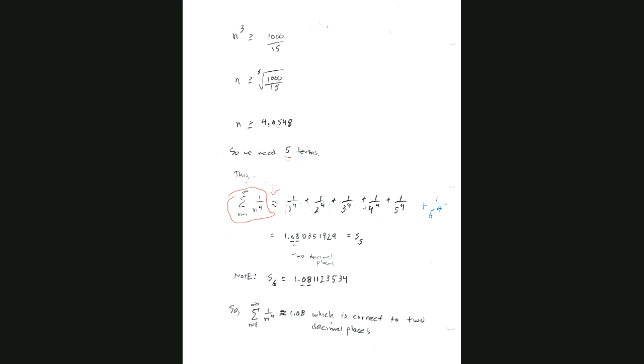But notice the two decimal places didn't change. Adding more terms will not change the first 2 decimal places. So therefore, your sum of 1.080351929 is accurate to 2 decimal places. Correct to 2 decimal places.